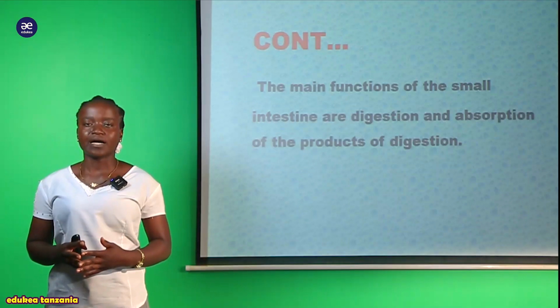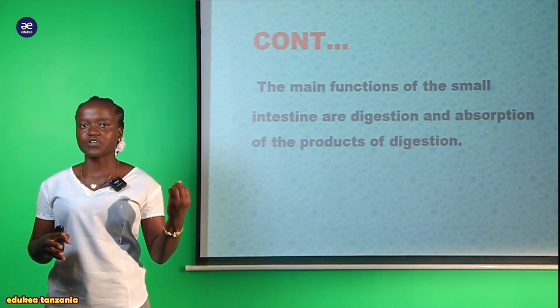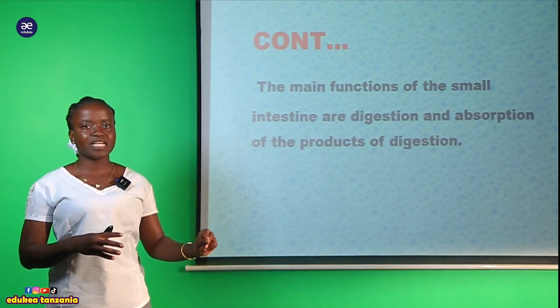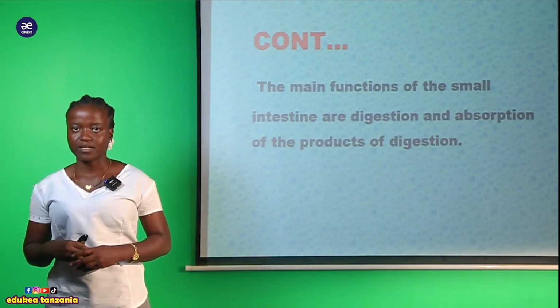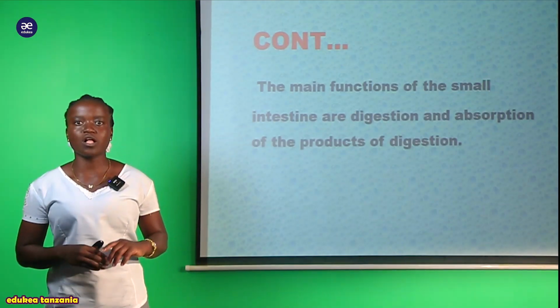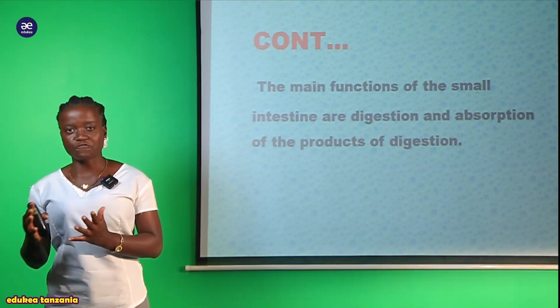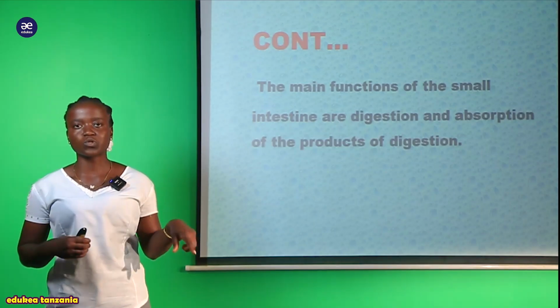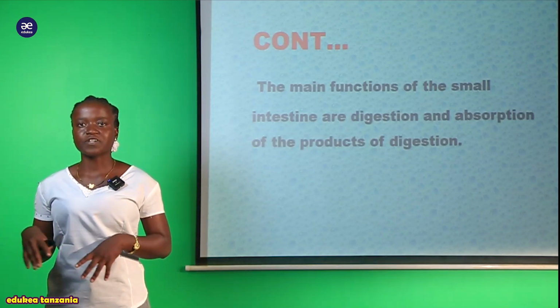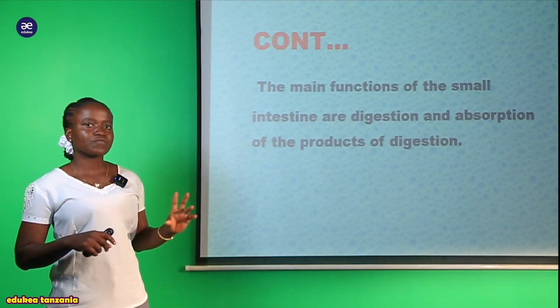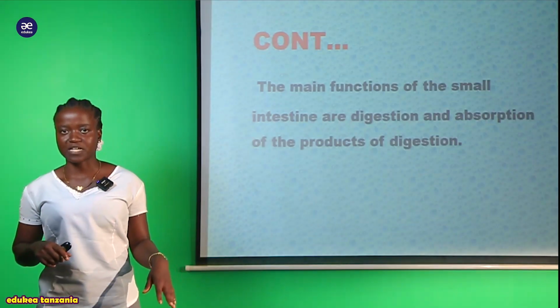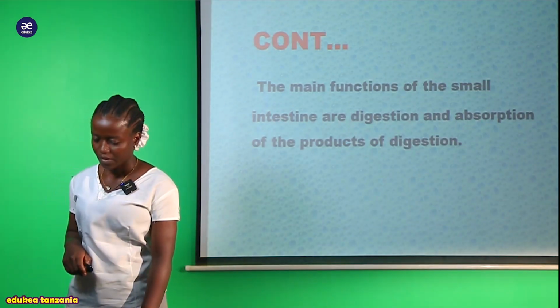For example, kinds of nutrients, for example lipids, are digested within the small intestine. But not only digestion, also absorption of food, absorbing nutrients from that structure to different body parts. So this part is responsible for such kinds of function.